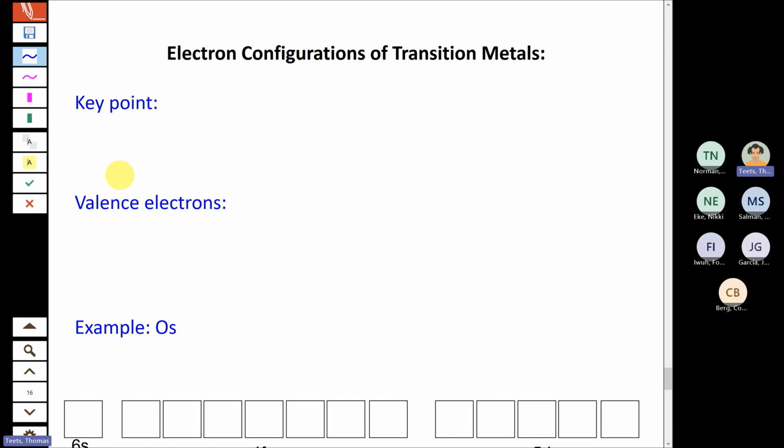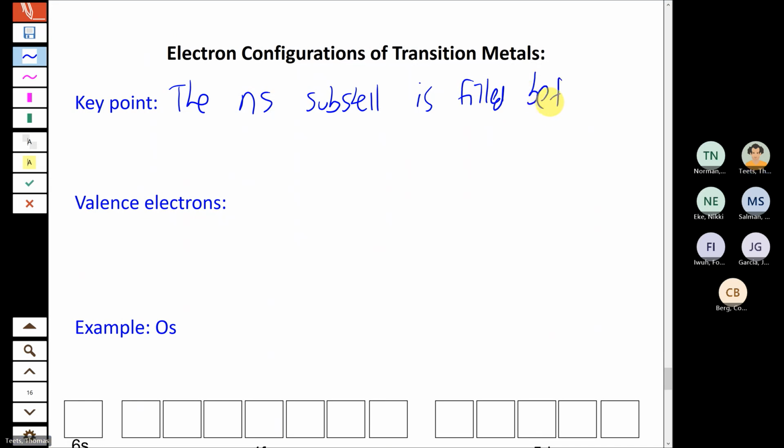But what we have to remember, and the periodic table does tell us this, but it is a point you have to still keep in mind, is that the S subshell gets filled before the D in these cases. So the nS, which would be either 4S, 5S, or 6S, is going to end up being filled before the (n-1)D. So in the fourth row of the periodic table, we would fill 4S and then 3D.